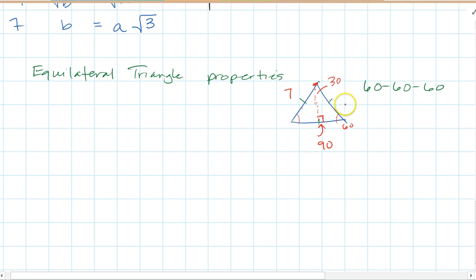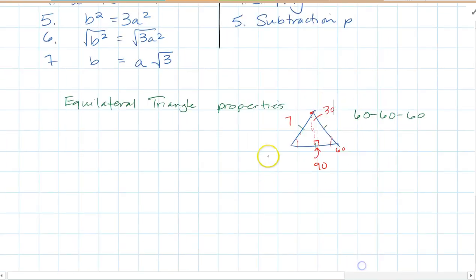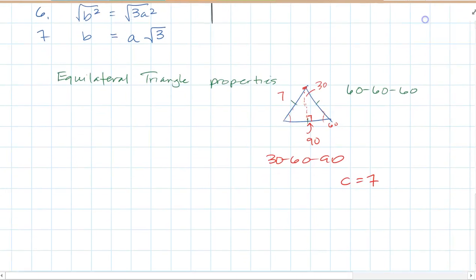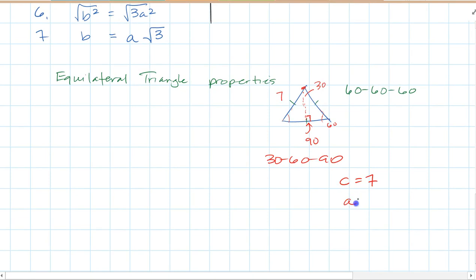Now on this 30-60-90, the side that I'm given is the hypotenuse, or the C. I actually have 2 of them. And I know that the long side is 7, so C is equal to 7. Using the ratios up here, A has to be half of that, so A has to be 3.5.